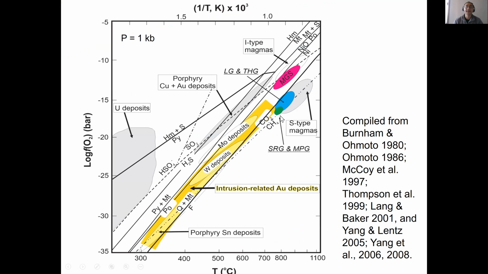And you can see the porphyry copper deposits are usually highly oxidized, but the intrusion-related gold systems are usually pretty reduced. And also the porphyry tin deposits are related to reduced magmas.